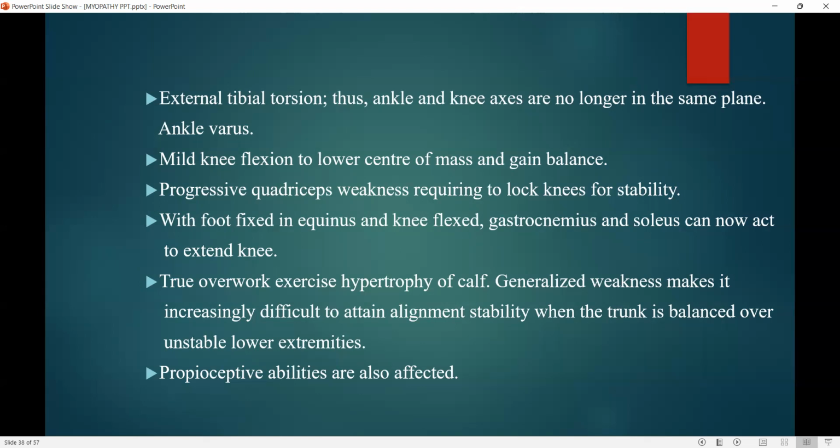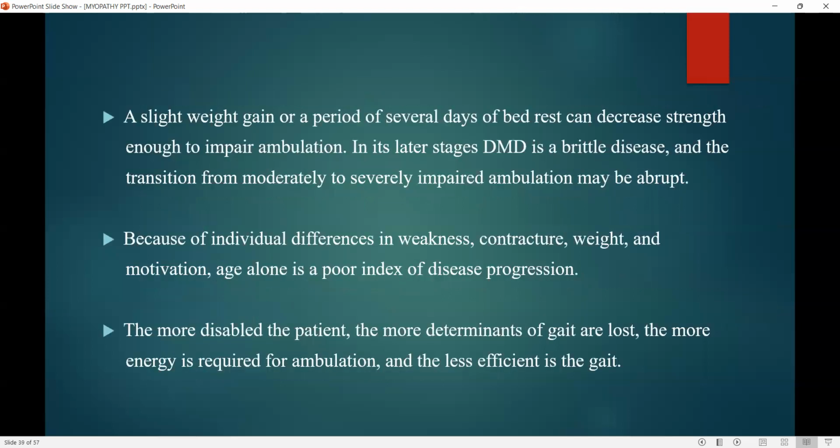Proprioceptive abilities are also affected. A slight weight gain or a period of several days of bed rest can decrease the strength enough to impair ambulation.